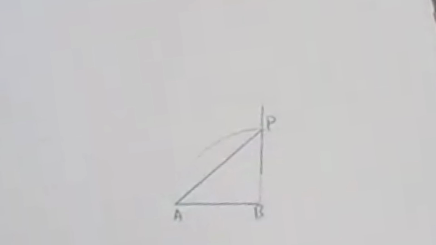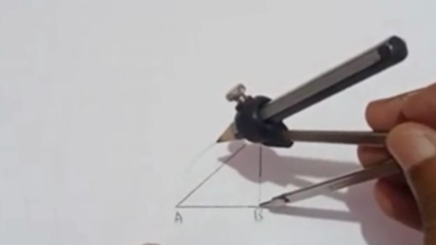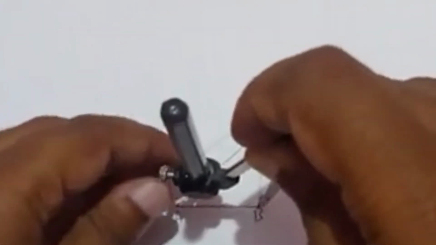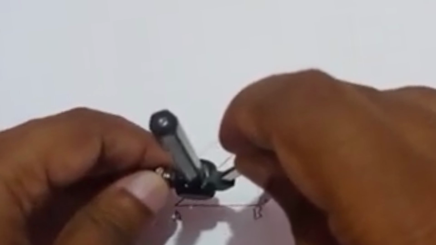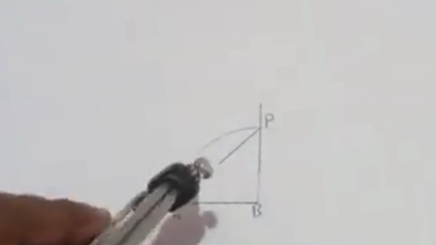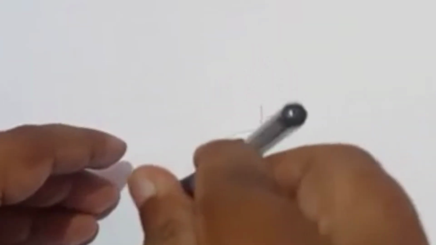Now after that we need to bisect this AB line. To bisect the AB line, we need to measure more than half of the radius and draw arcs from both the A and B points. Taking A and B as a reference, cut the two arcs.